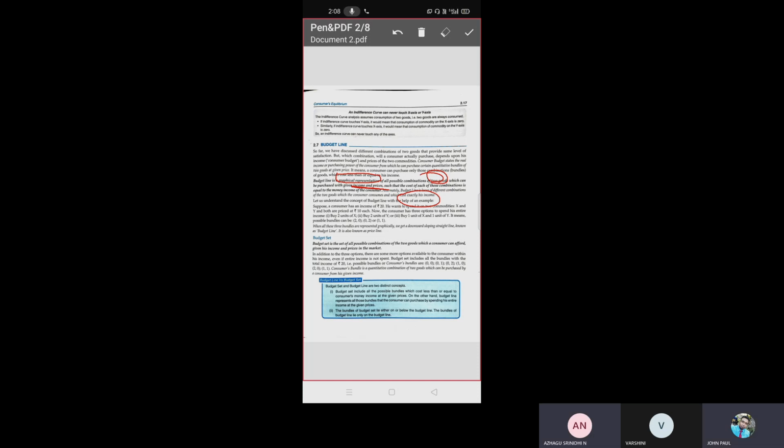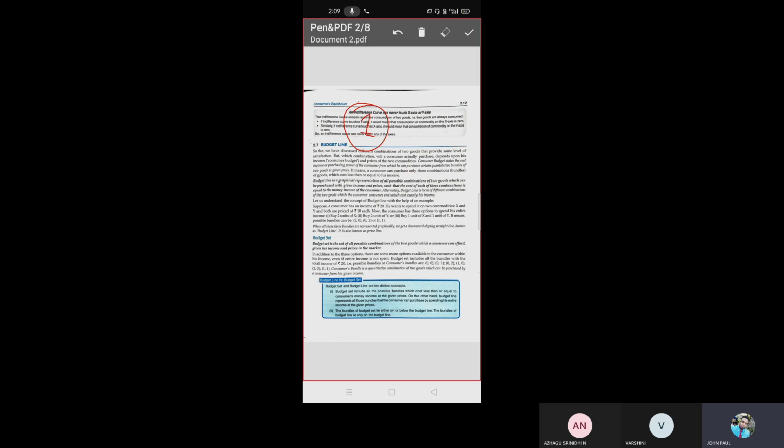No, sir. Okay. So what is a budget set? We might have studied it earlier in probability. If I toss a 1 rupee coin, what combinations will I get, heads and tails?